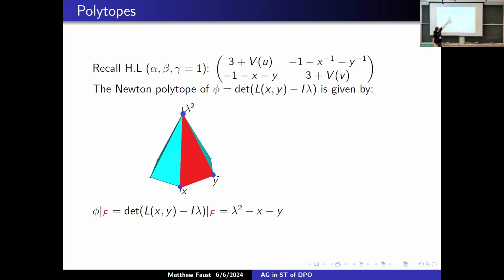Then we have minus x times -1 multiplied by the sign of our permutation to get this minus x, and minus y times -1 multiplied by the sign to get minus y. So your face polynomial is just only the integer points that show up on that face. You restrict to the terms of that polynomial that correspond to integer points that show up on that face.